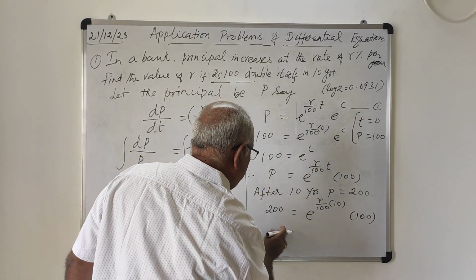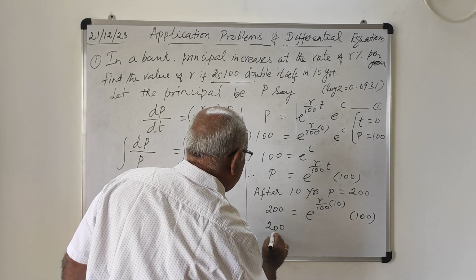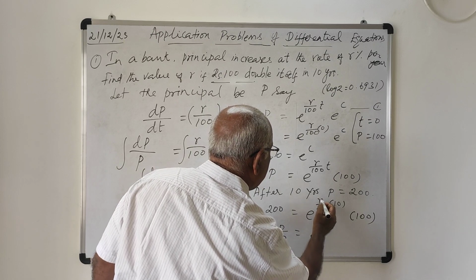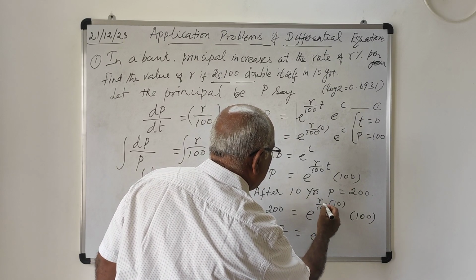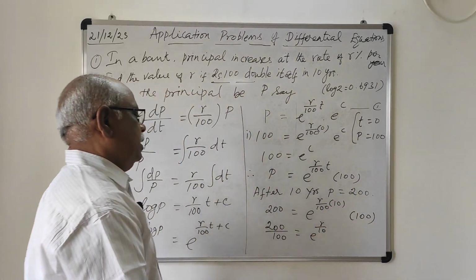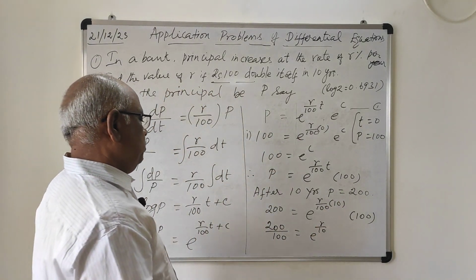Now you bring this 100 to the left hand side, it is 200 by 100 equal to e power 10 by 100, which is R by 10.